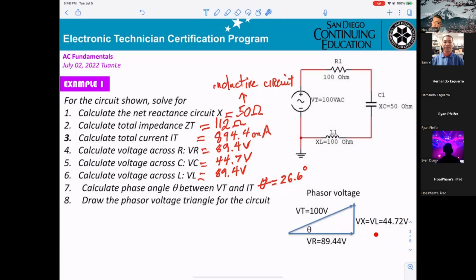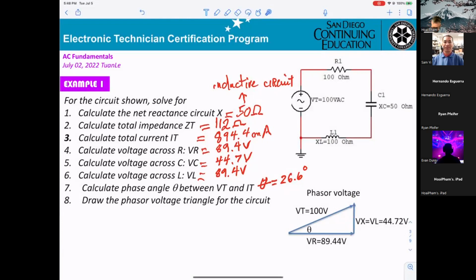And then you have to draw VX. VX in this case will be VL. And if we already went through RL in series, then VL leads VR by 90 degrees. So that's why they go up.